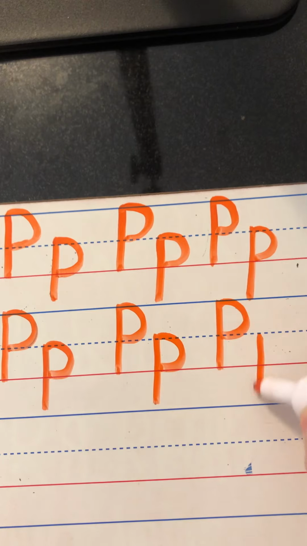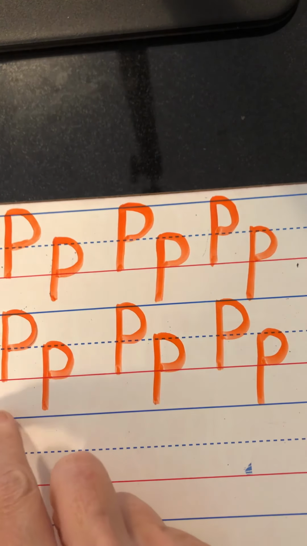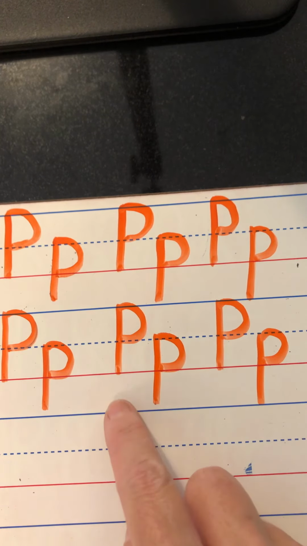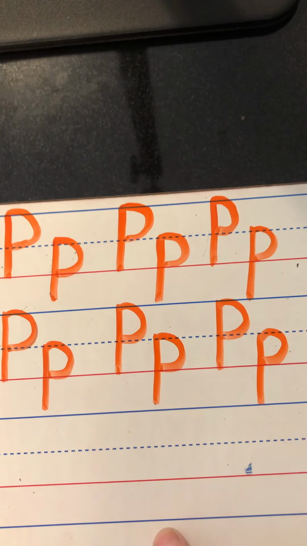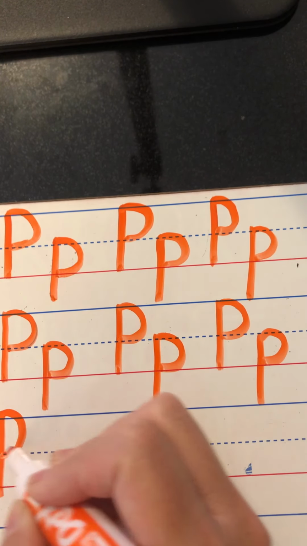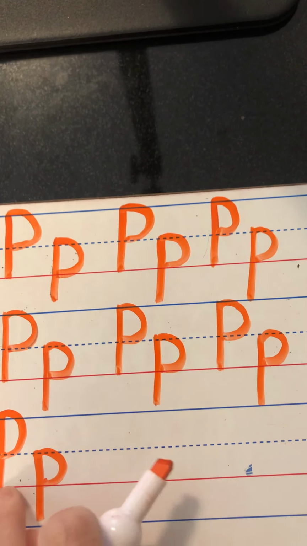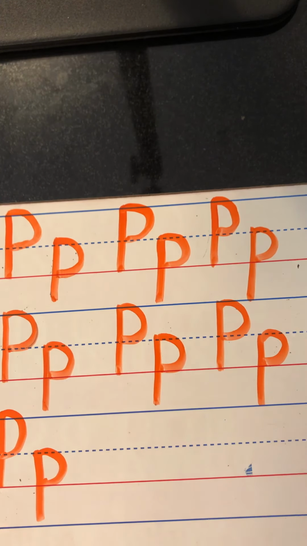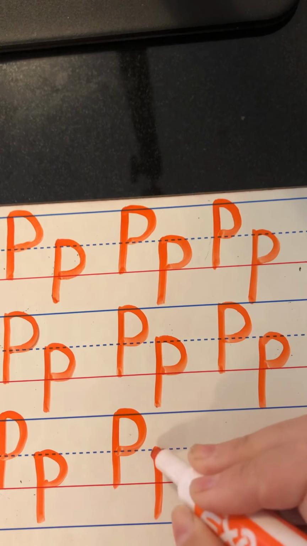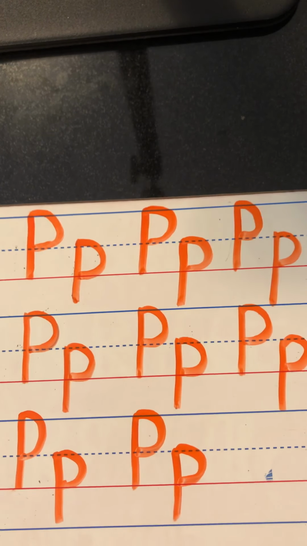Even if you're using your fingers and drawing it on your own like this, maybe you're just writing with your finger on the table. Don't use a crayon on the table though. Mom might not like that, right? Maybe ask mom first. So keep working on these P's.